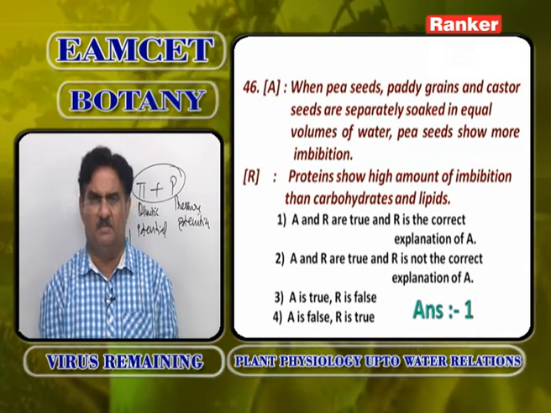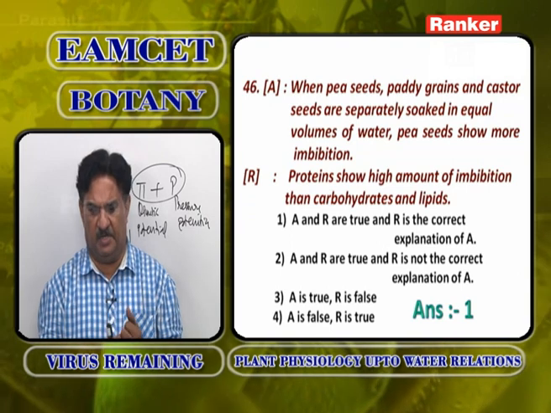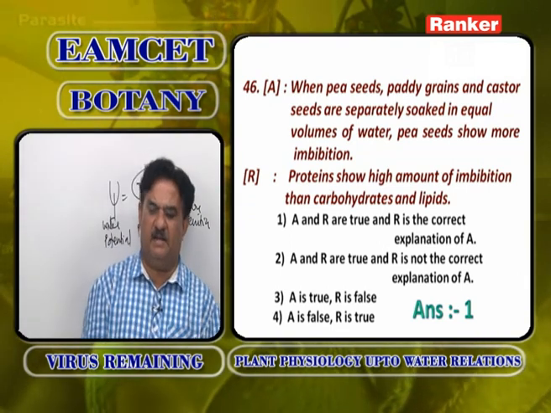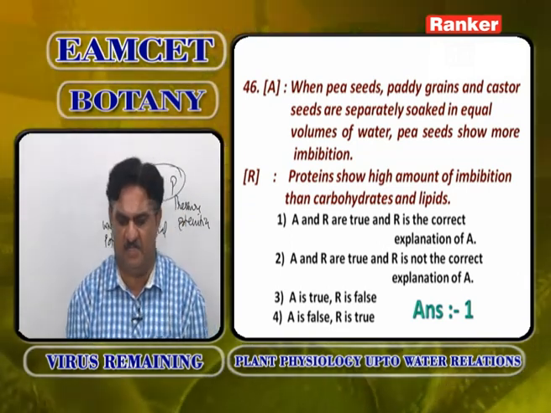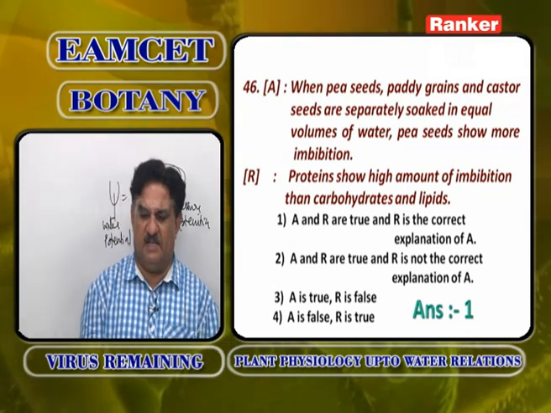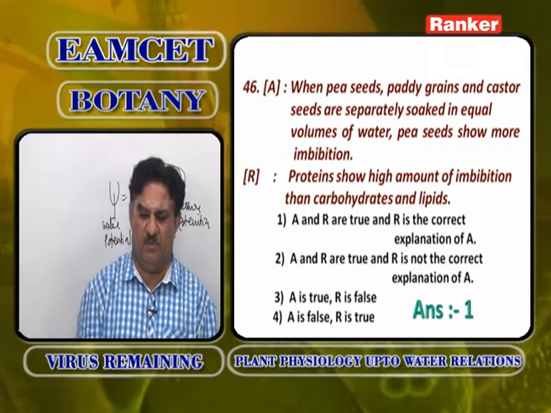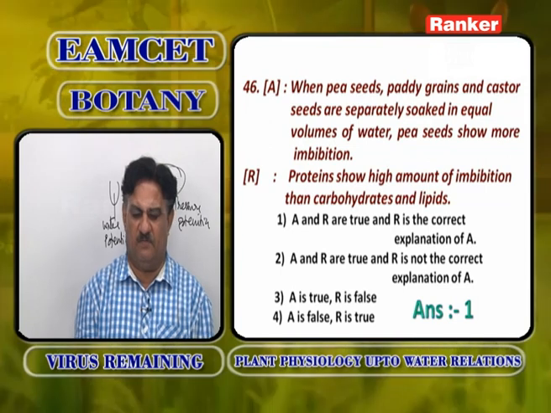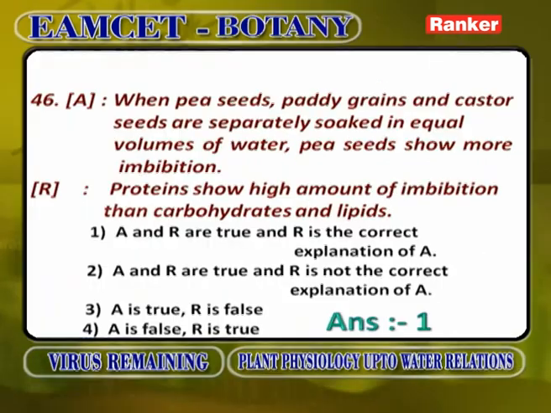So, imbibition is maximum in protein. Pea seeds are proteins, paddy grains are rice, castor seeds are lipids. Pea seeds show more imbibition and they swell more.